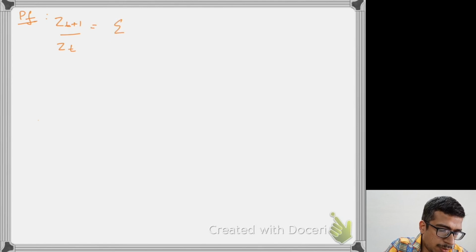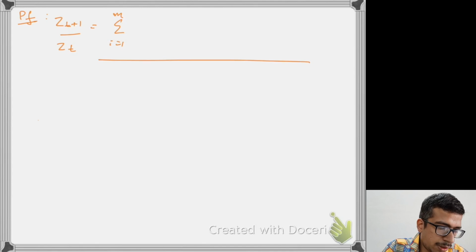Okay. So let's try to write down zt plus 1 over zt. This is essentially summed over i from 1 to m, so let's write it down first.